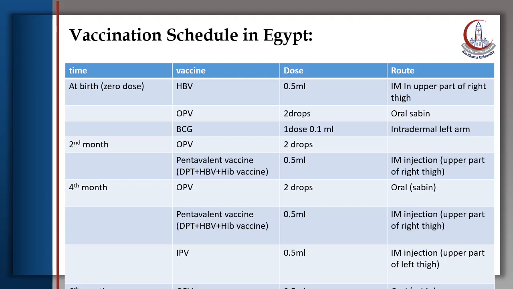At 9 months, oral polio vaccine and vitamin A are given. At 12 months, the first year of life, oral polio vaccine and MMR are given. At 18 months, a booster dose for DPT vaccine and MMR, and vitamin A are given.